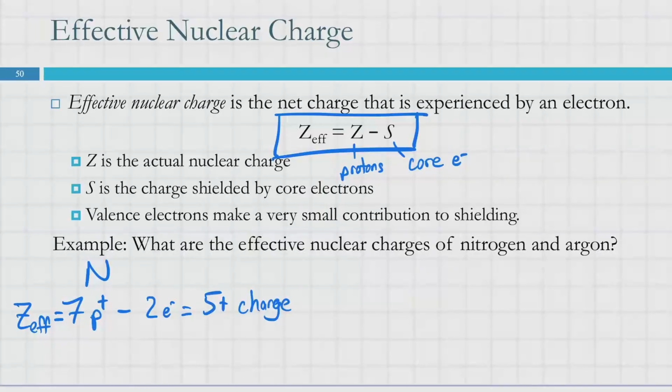And what about for argon? Effective nuclear charge is what? 18 minus the previous noble gas has 10. So 18 minus 10. So the outermost electrons, the valence electrons, are going to experience an inward pull force of about 8, as opposed to the 5 that we'd experience if we're in the nitrogen group.